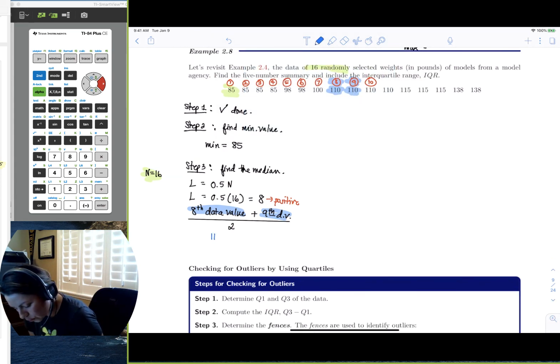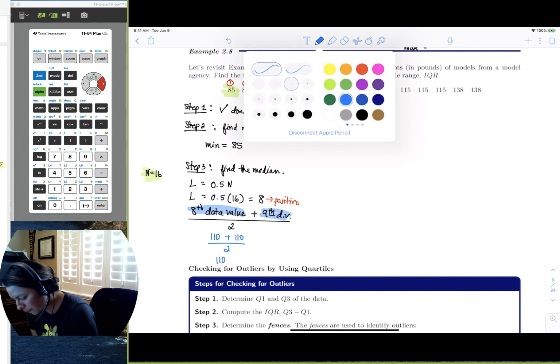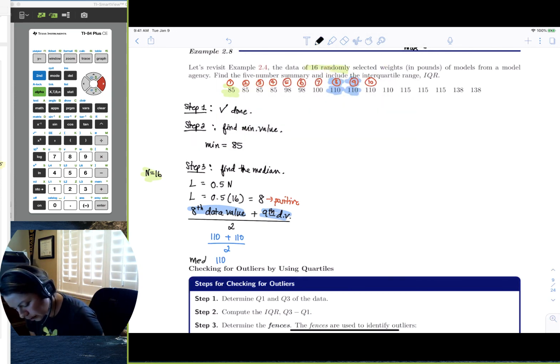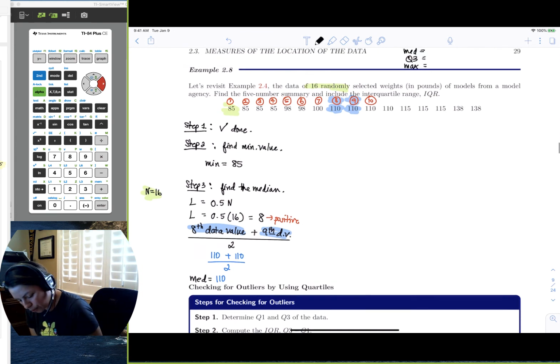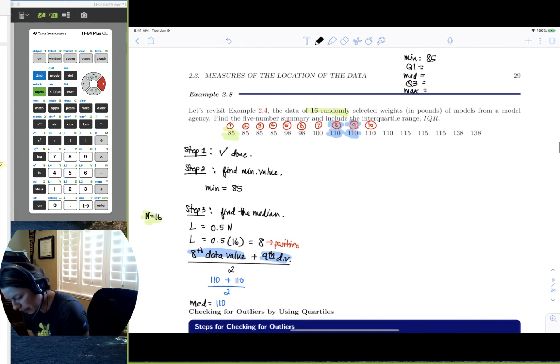So I would take 110 and add it to the 9th data value and divide by 2, which is 110. Okay, so let's go back up here and I'll fill the median up with 110.